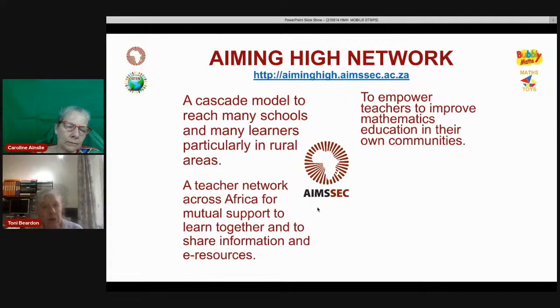We want to empower teachers to improve mathematical education in their own communities. It's not just in South Africa, this network, it's across Africa for mutual support, for people to learn together and to share information and the resources. I've written e-resources there because we share them on that website. You see a link there. That's how we share the e-resources.